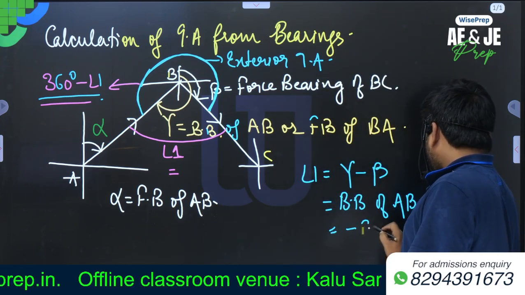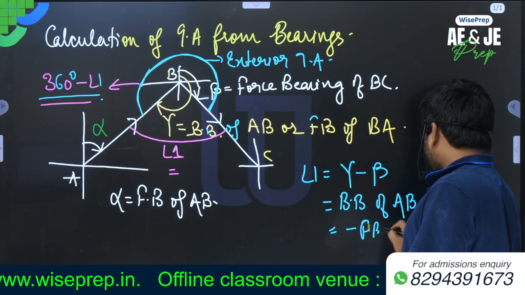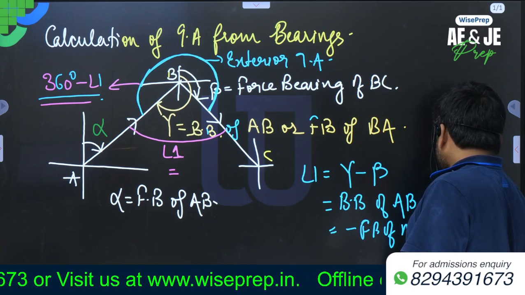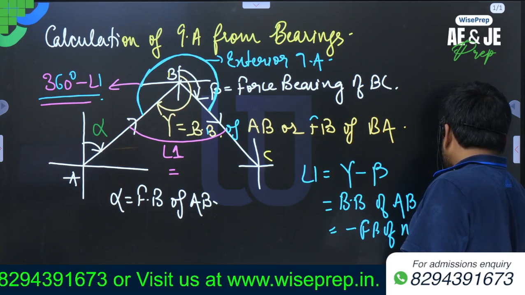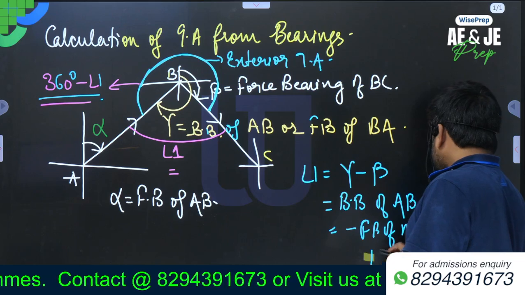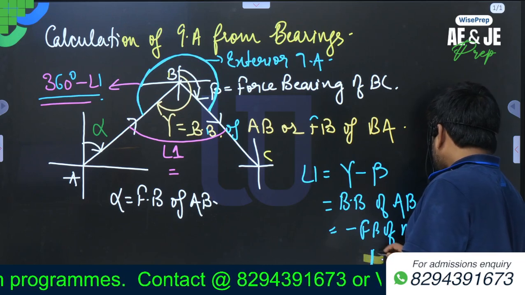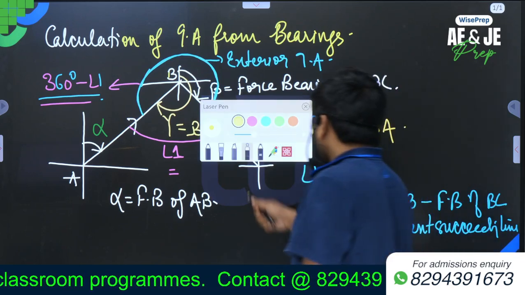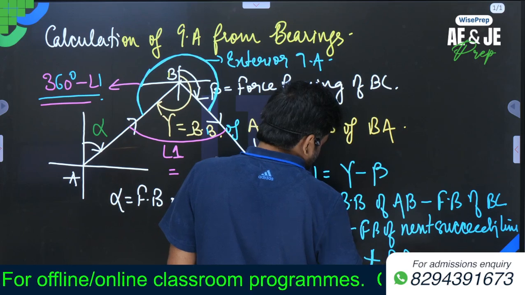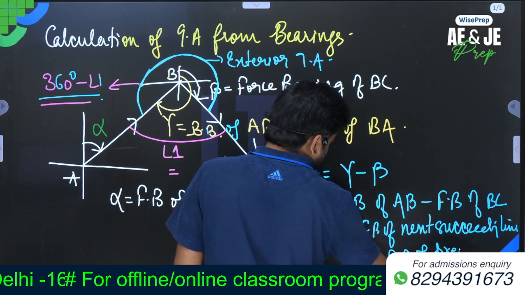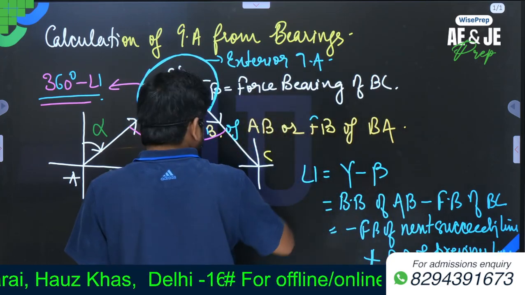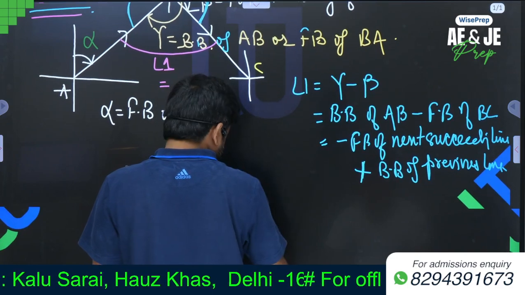So that's equal to forward bearing of BC, the next succeeding line, minus back bearing of the previous line.